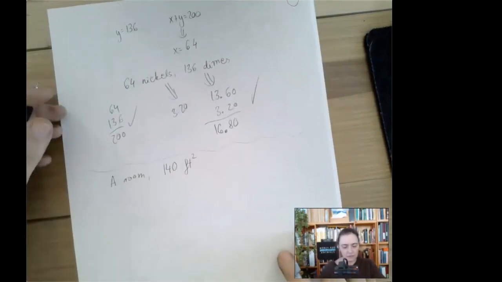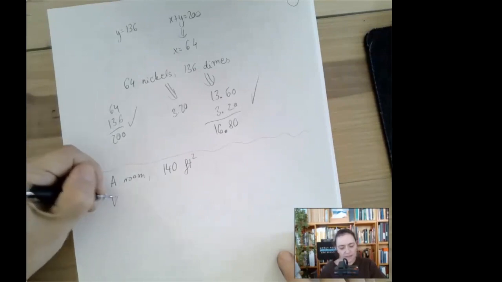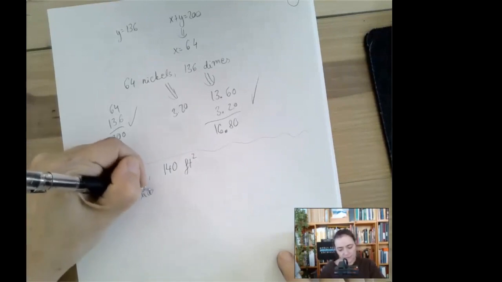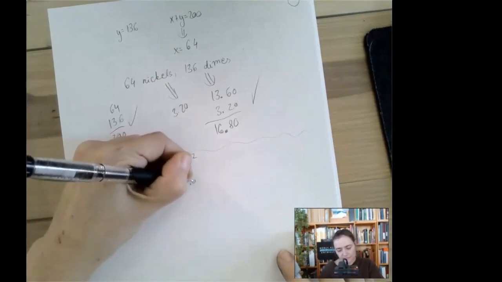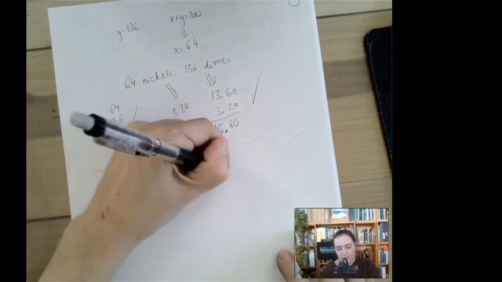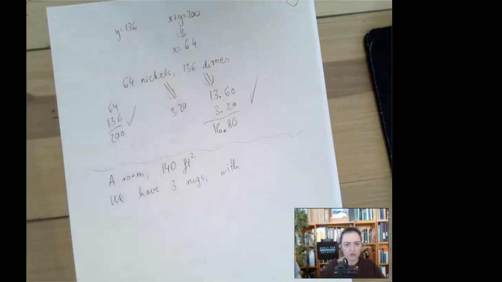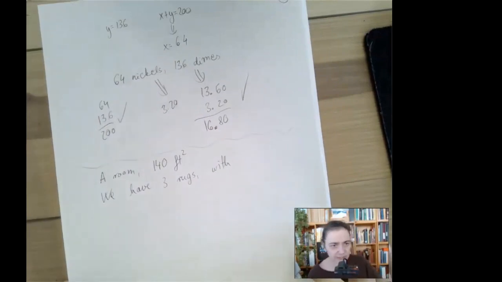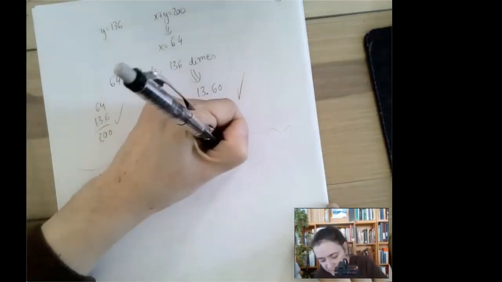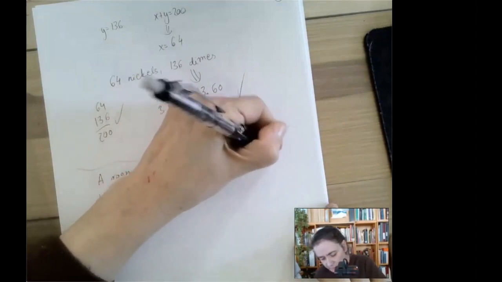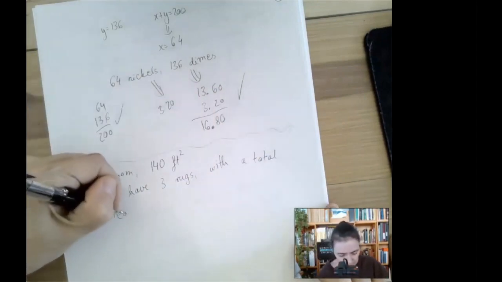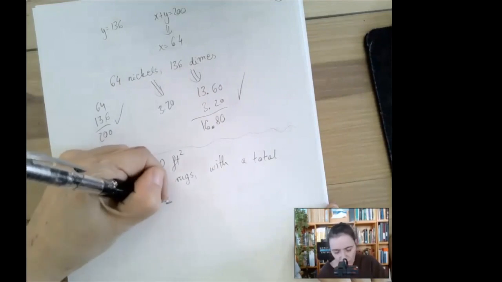That's the area of the room. And we have 3 rugs. We don't know how big each of them is. Turns out we won't have to know. But with a total area of 200 square feet.